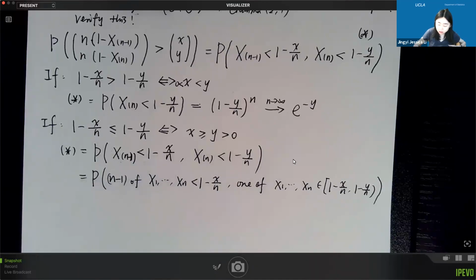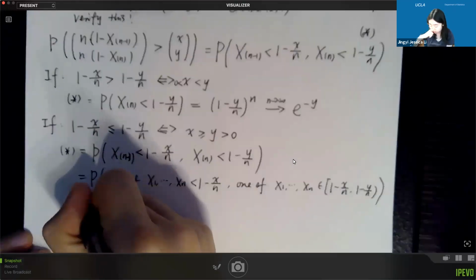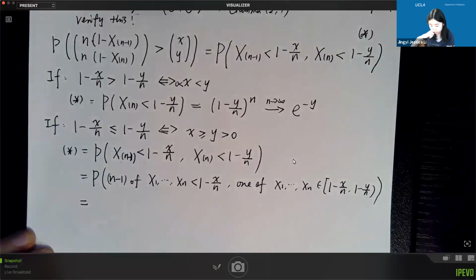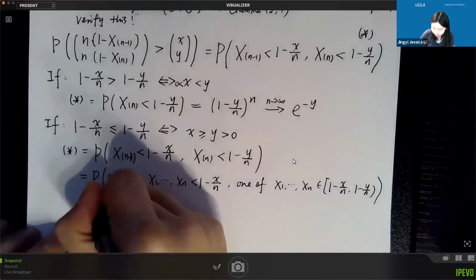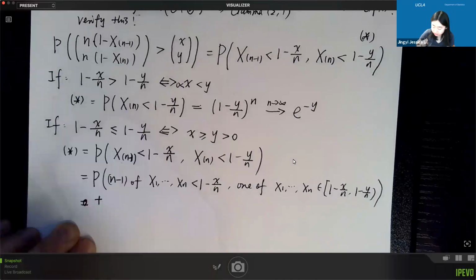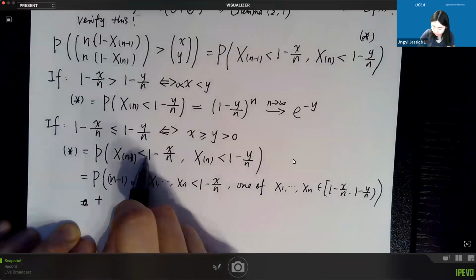Okay, and in order to write this out, we need to use combinatorics. And sorry, my bad, this is actually one case. And another case is that everything is below 1 minus x over n.